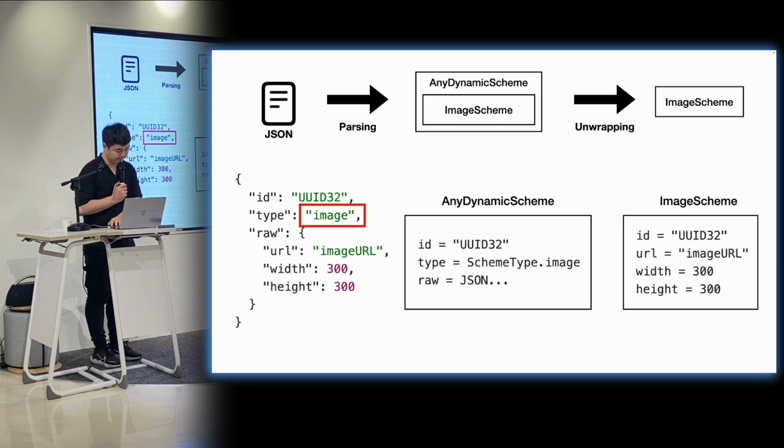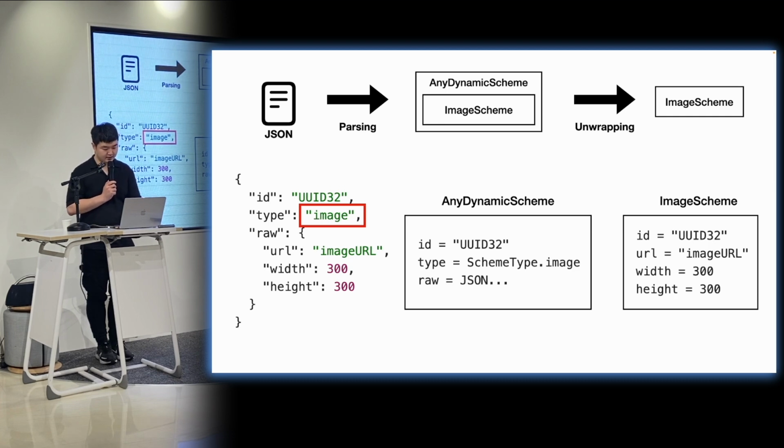So for example, when the client receives the response like on the left, it has a type of image, and then it parses its JSON into the any dynamic scheme. It has an ID and type of image, and it has a raw of JSON.